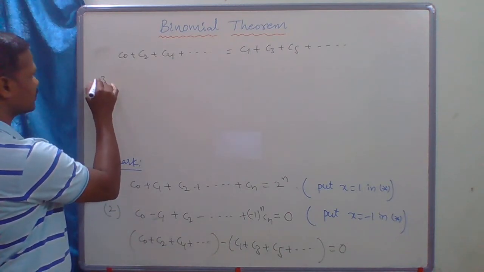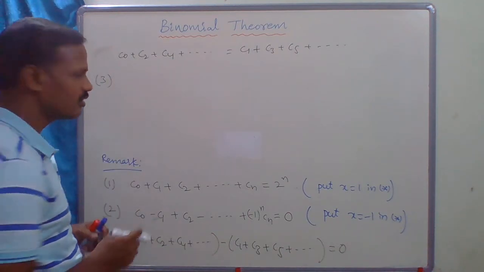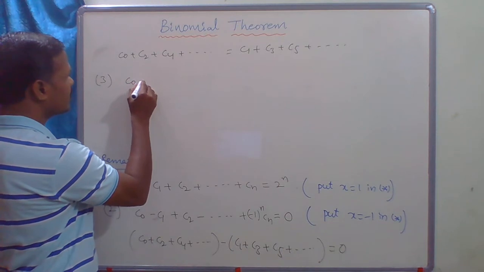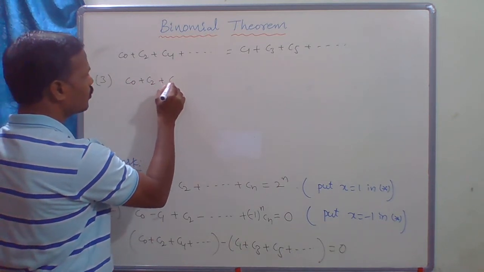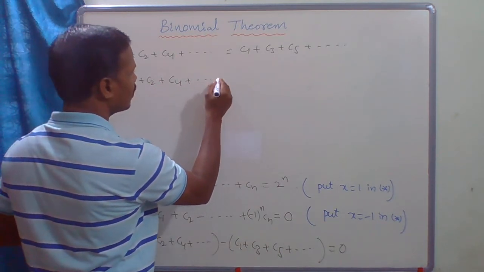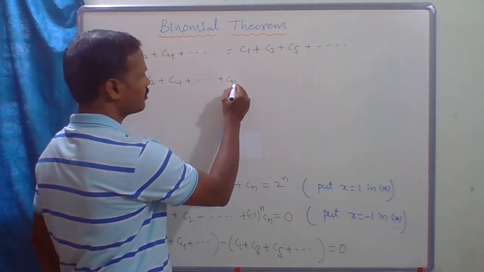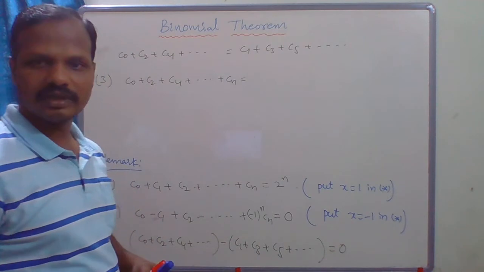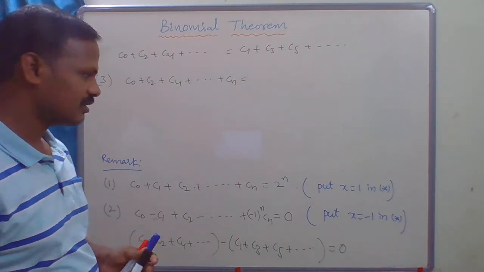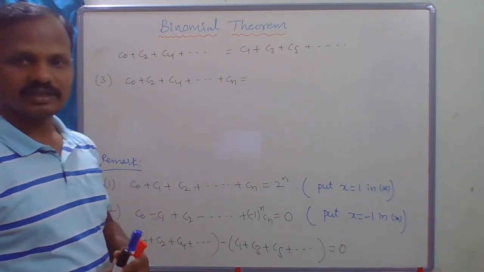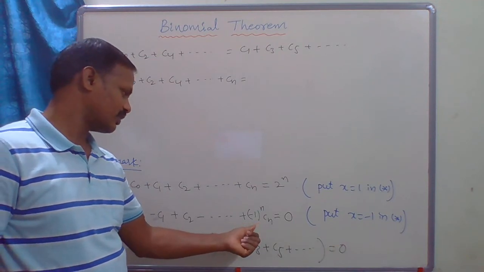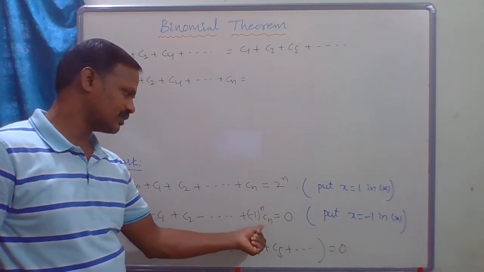Now the third result. What is the value of C0 + C2 + C4 + ... up to Cn? If n is even, the last term is Cn.